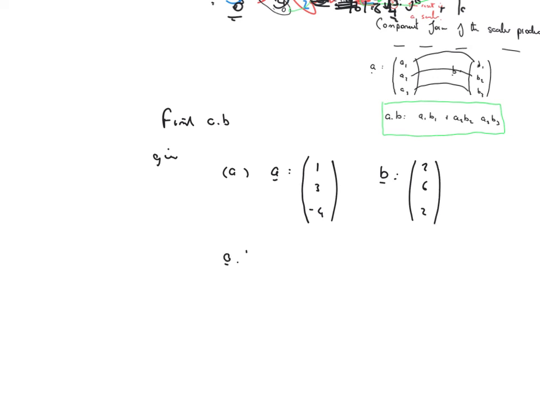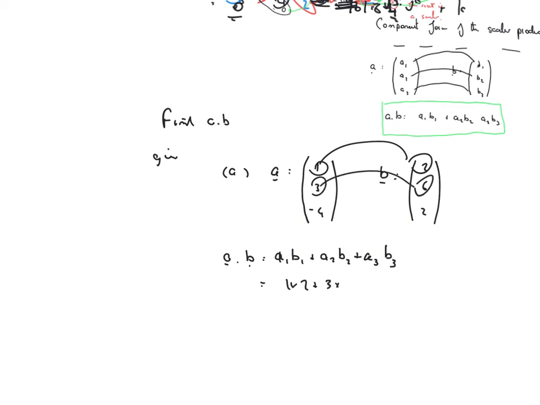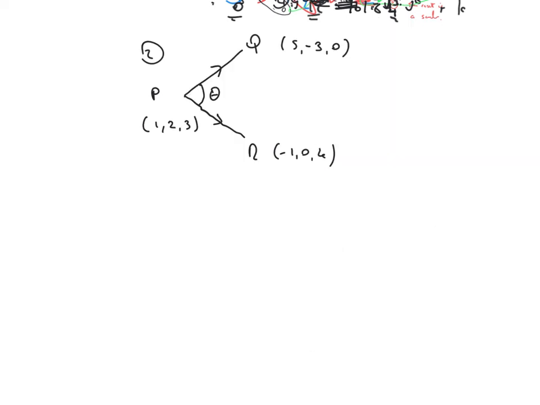So A dot B is equal to A1B1 plus A2B2 plus A3B3. So that is 1 times 2 plus 3 times 6 plus minus 4 times 2. That's 2 plus 18 minus 8. And that'll give me 12.